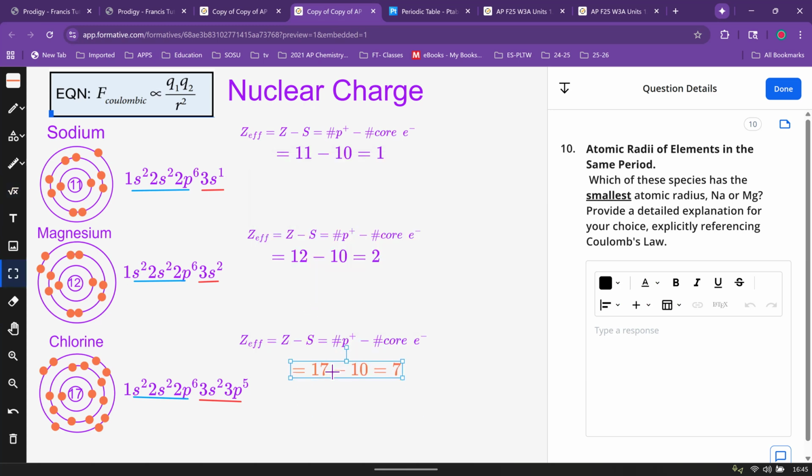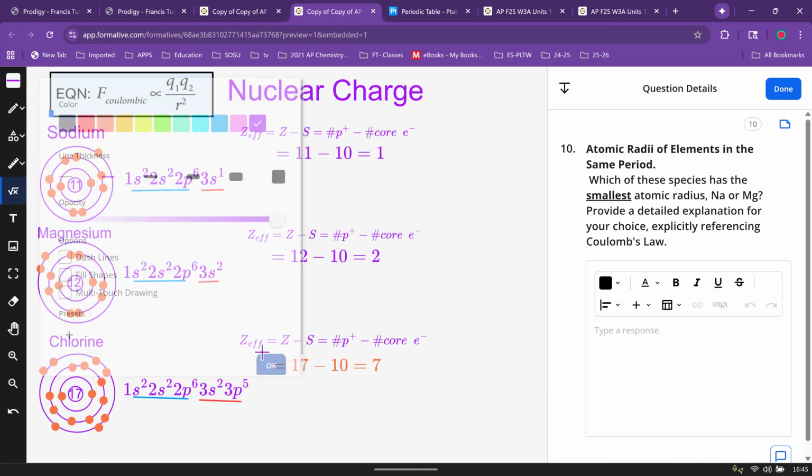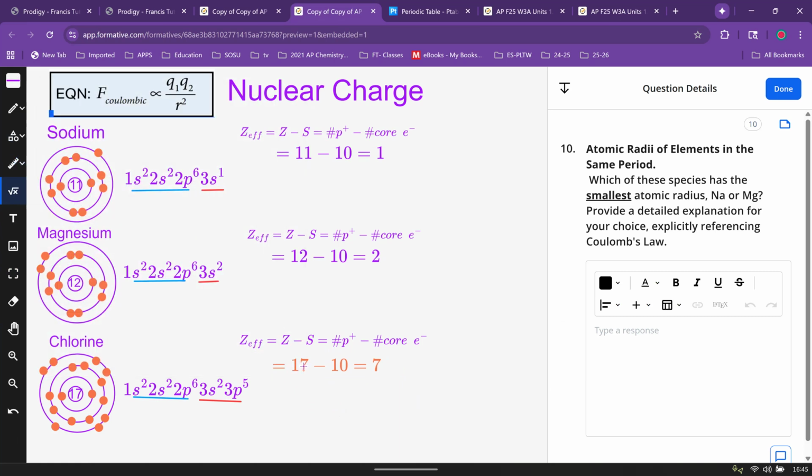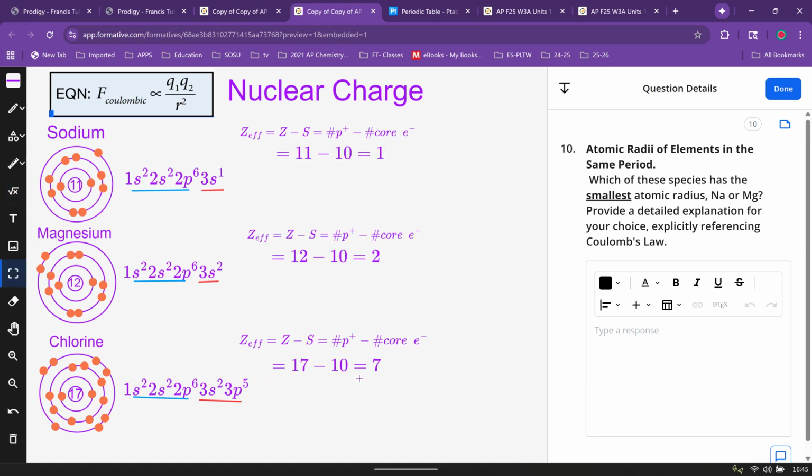And I don't know why that's orange, but there it is. So that's why we can say the effective nuclear charge increases as we go left to right across a period.